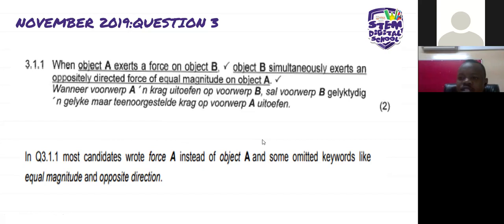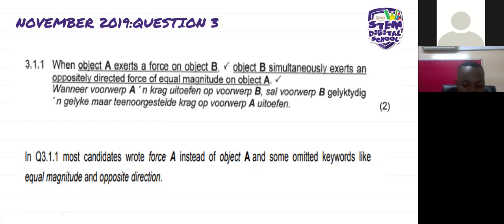And some of the learners omit critical words, those that we call keywords, like equal magnitude and opposite direction. Remember, the force that A and B are exerting on each other, they have the same size, they have a magnitude that is the same, but the direction will be opposite.